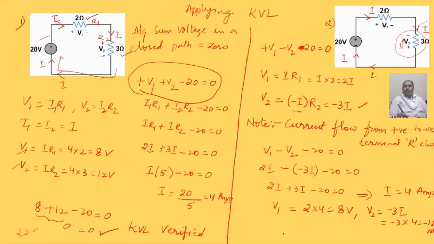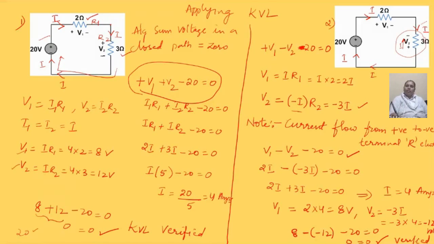Now substituting that in this equation and checking whether KVL is verified or not. It will be 8 minus of V2, because it is minus V2. V2 is minus 12. Minus 20 equal to 0. So 8 plus 12 is 20, and 20 minus 20 is 0. So it is verified.